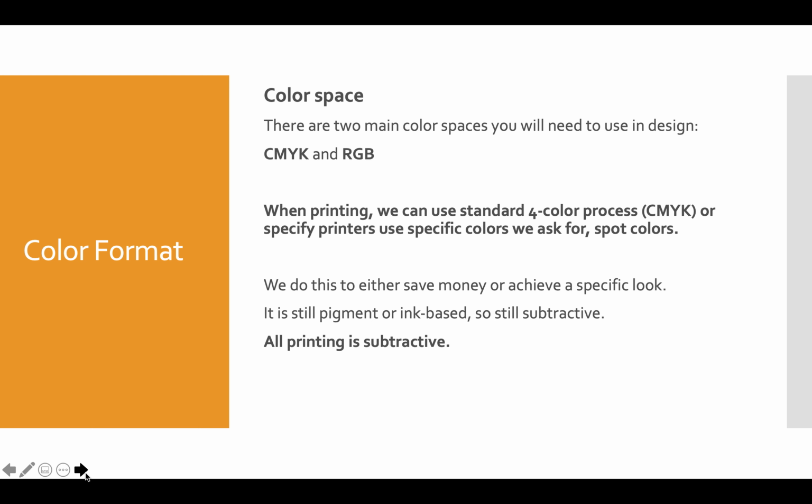I do want to mention something that didn't come up when we were talking about color before, and that has to do with when you are professionally printing. There are times when you're going to go to a printer and for either cost reasons or because of a particular look that you want to achieve, instead of using your standard color format of CMYK, you're going to specify that they use specific inks.